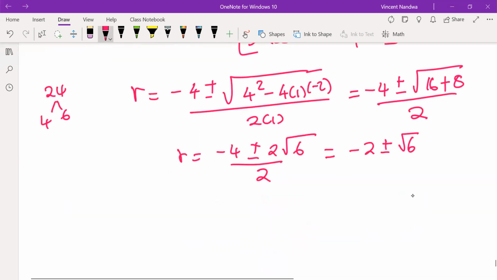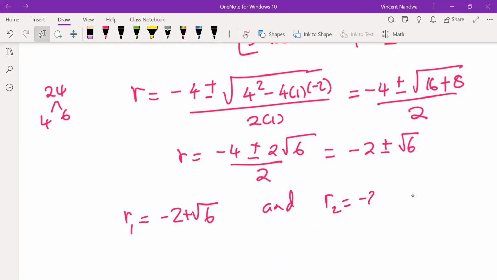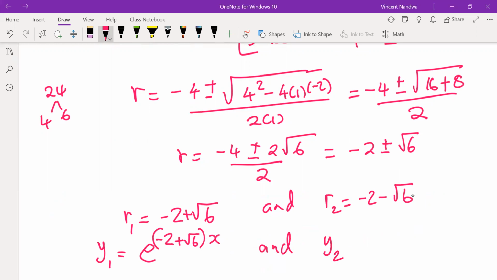So r1 is minus 2 plus root 6, and r2 is minus 2 minus root 6. So y1 is e raised power minus 2 plus root 6 x, and y2 is e raised power minus 2 minus root 6 x.